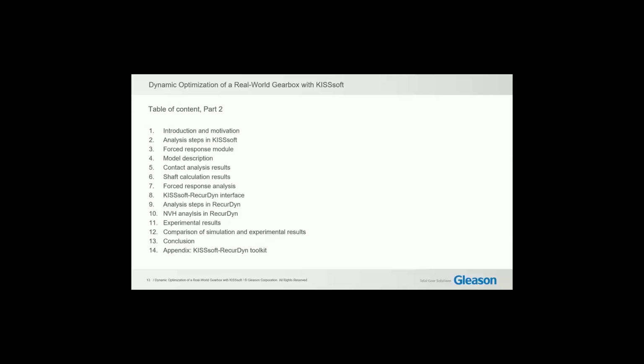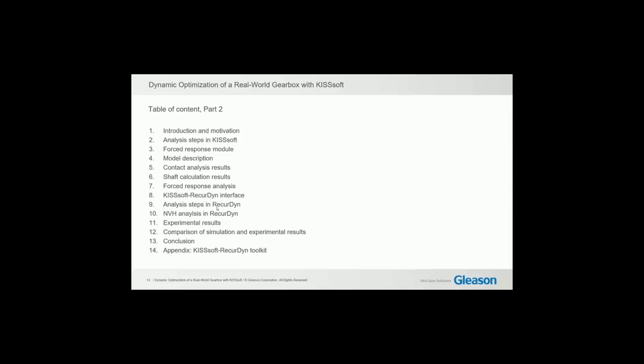Altogether, we use this information for the force response analysis, and finally, after calculation of the results through the KISSsoft Recordine interface, we export the data to Recordine for NVH analysis. This step can be generalized to any other software which loads either time domain or frequency domain input data.